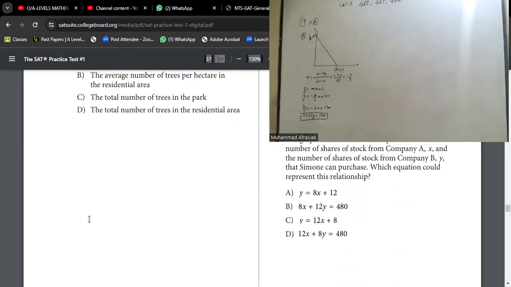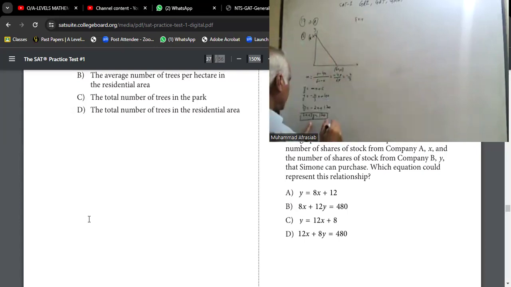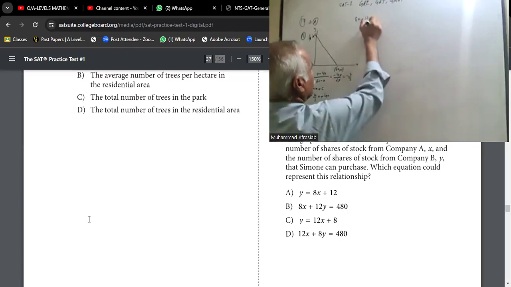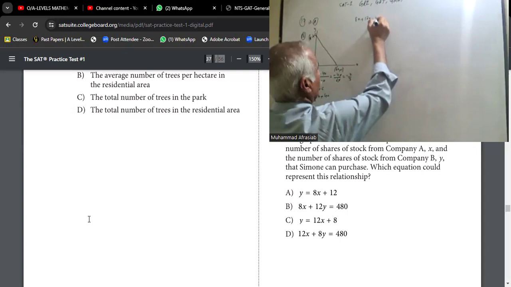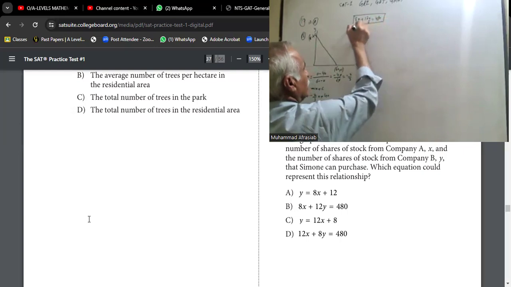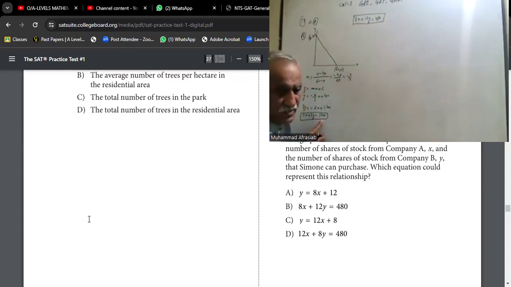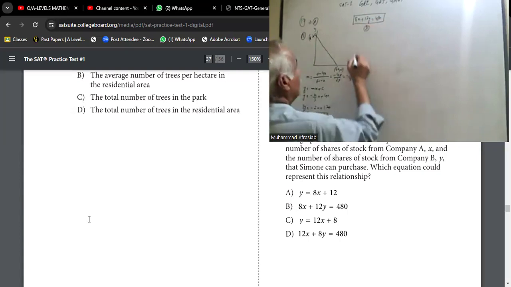So according to this information, we have to multiply this equation by 4. So this equation will become 8x plus 12y is equal to 480. So this is the right choice, and the part is D for question number 18.